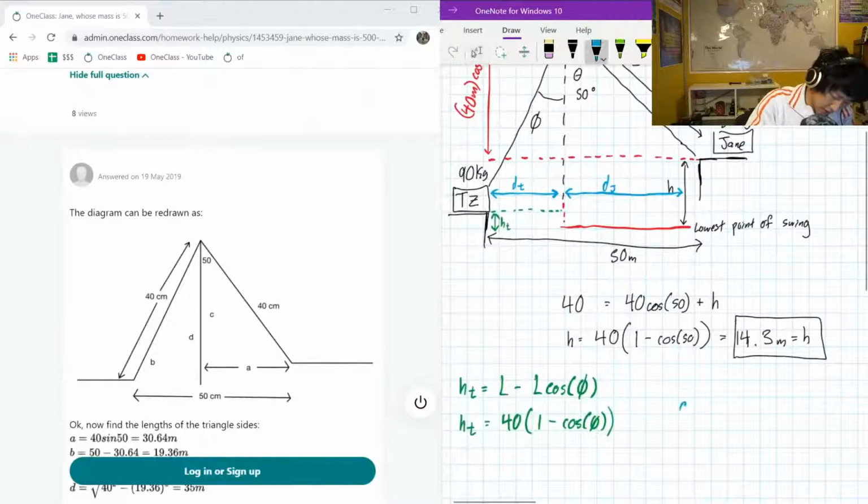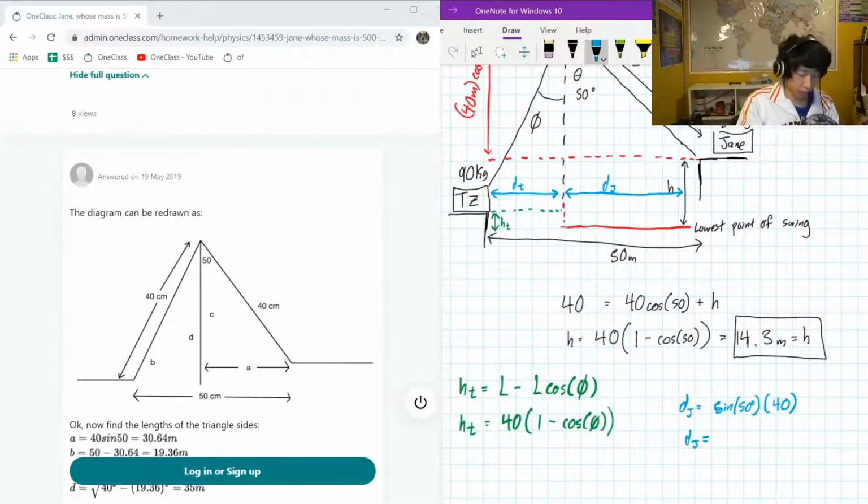Okay, so dj is going to be equal to sine 50 times L, which is 40 meters. So I'm going to calculate that real fast.